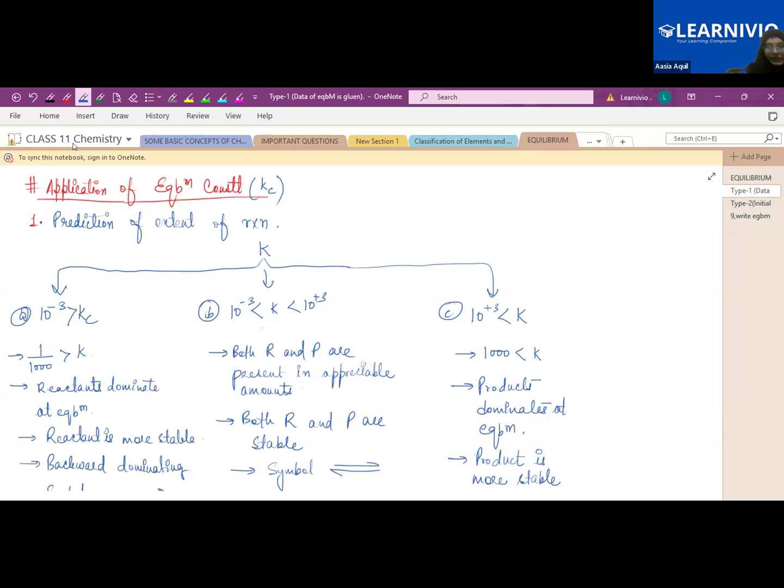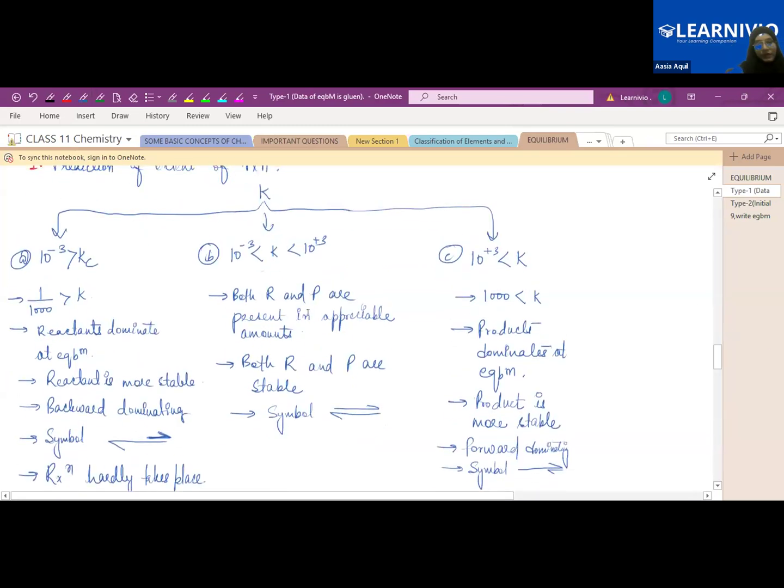Suppose we have a K, the equilibrium constant. There are three cases here. Concentrate over here and try to understand these concepts.